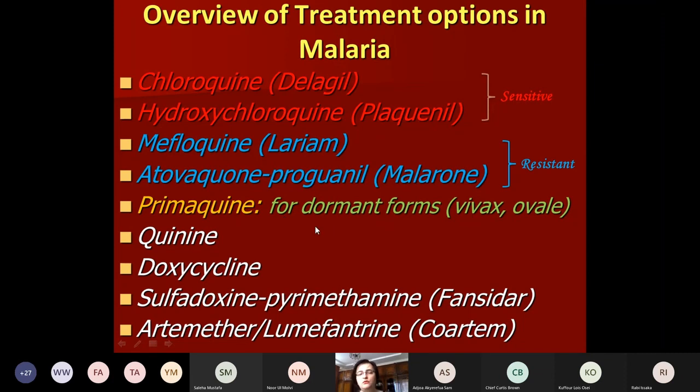Primaquine for dormant forms, but not for pregnant women. Quinine, doxycycline, and all the others can be used during any forms of the infection.